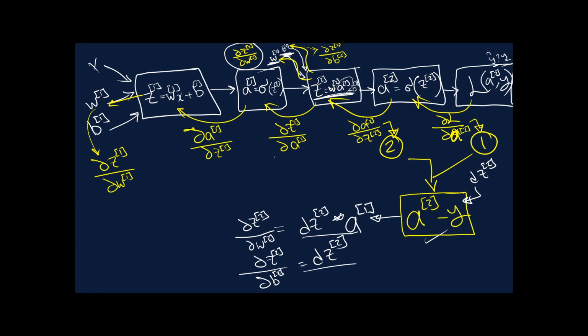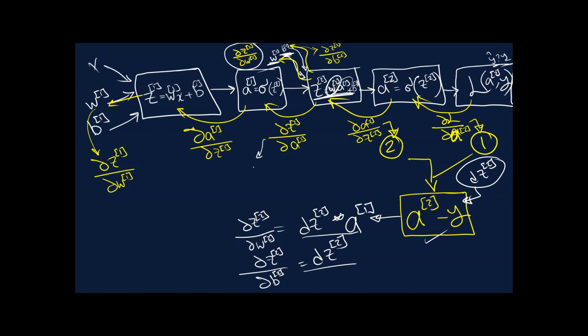So how about the first layer? Right now we need to take the derivative of z2 with respect to a1. So it will be w2. Because we named this dz2, we can just use it here.